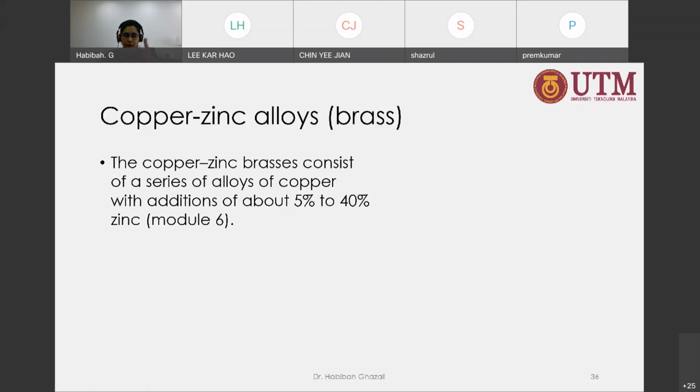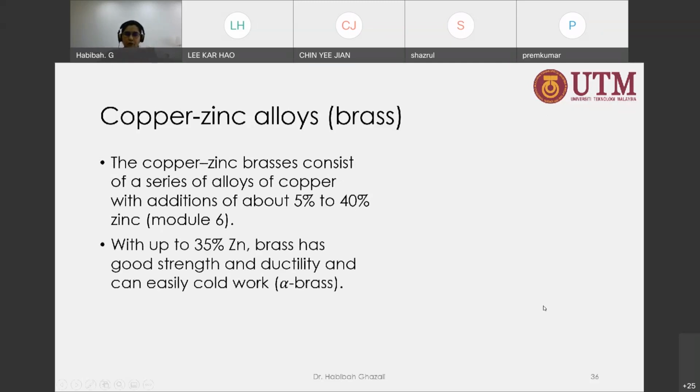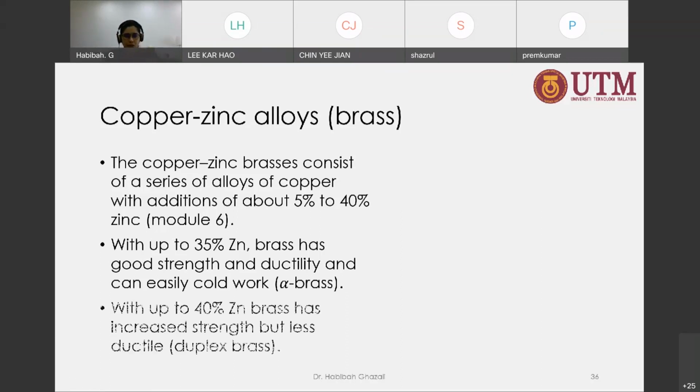So when we have 5 to 40% of zinc, we classify this as brass. Up to 35% of zinc, we will have alpha solid solution in our crystal structure. So we will have a crystal structure of copper with zinc residing inside the crystal structure.